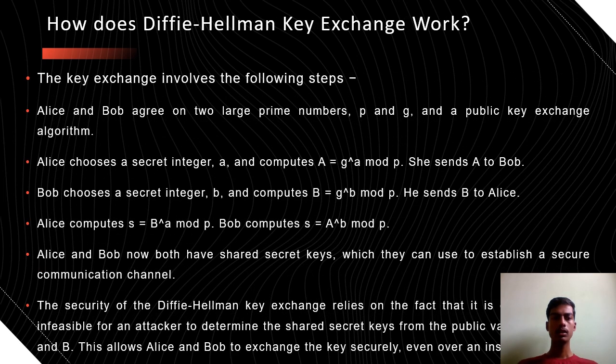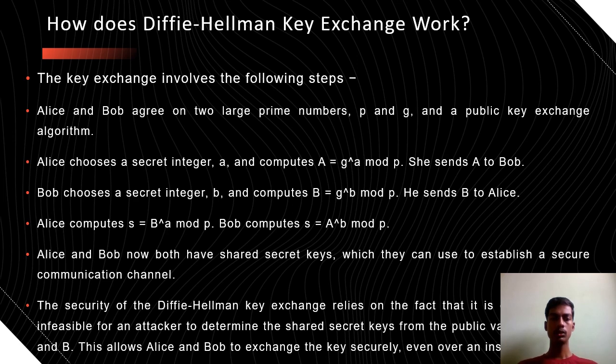Let's see how the Diffie-Hellman key exchange algorithm works. The key exchange involves the following steps. Let us consider Alice and Bob as the two parties. They agree on two large prime numbers, P and G, and a public key exchange algorithm.